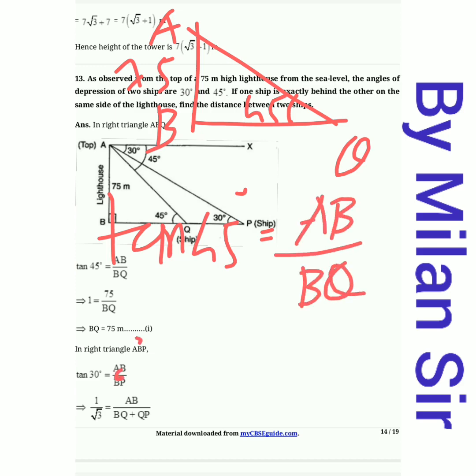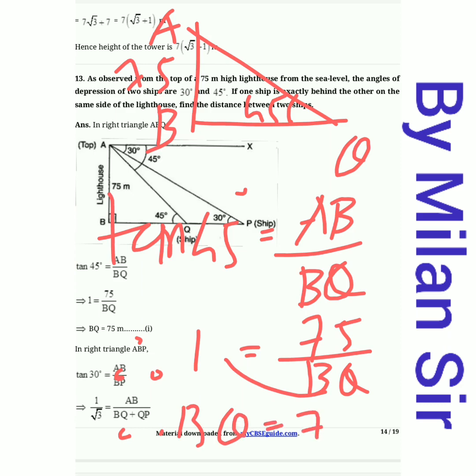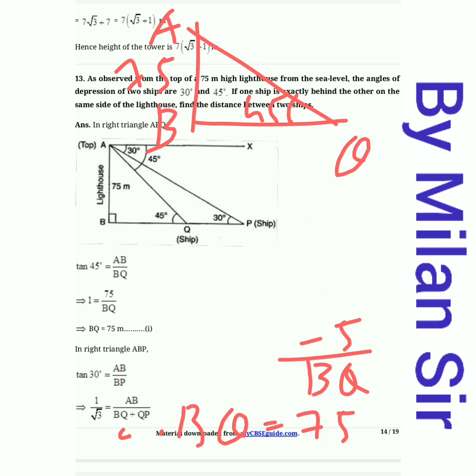Now tan 45 is 1. AB is equal to 75. We need to find BQ. Transfer BQ to the right hand side. So BQ into 1 is BQ, equal to 75.